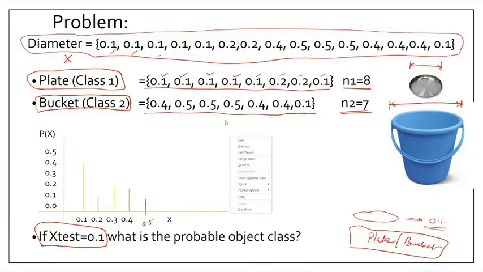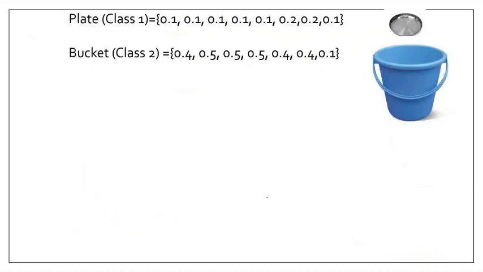Now what we do is we again use the famous Bayes rule to solve this problem. What is this? The probability of some measurement X given omega 1. This is 6 by 8.